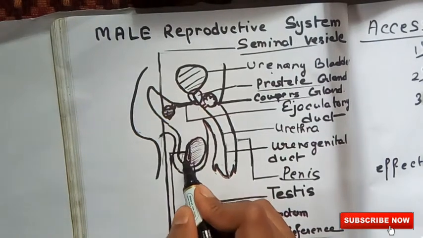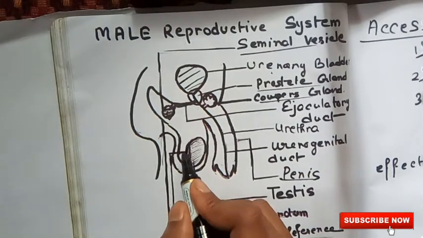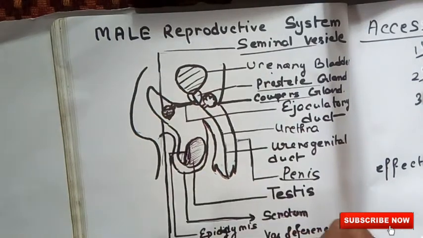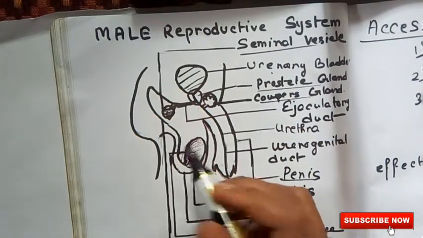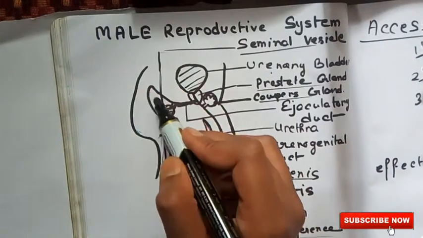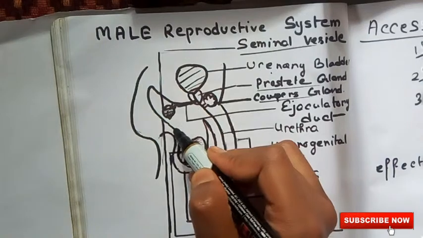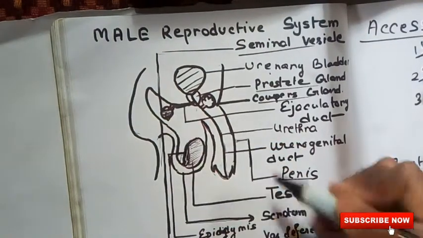It acts as a temporary storage for the sperm. Then the duct called the vas deferens acts as a medium for the transport of sperm.